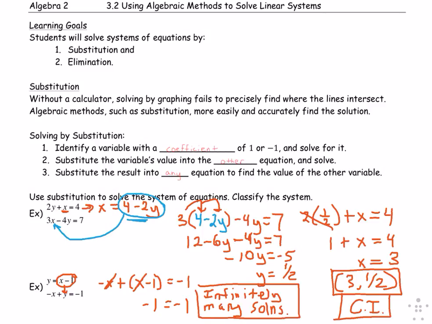So they happen to be the same line, and therefore they overlap entirely with one another on the graph. And therefore my classification is consistent and dependent. Again, consistent because there is at least one solution, there are infinitely many, and dependent because one line is dependent on the other since they are the same line.